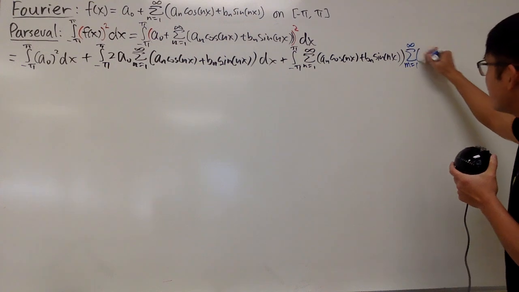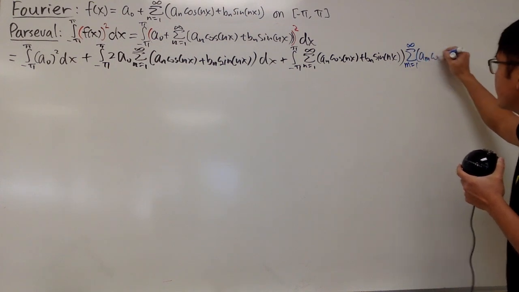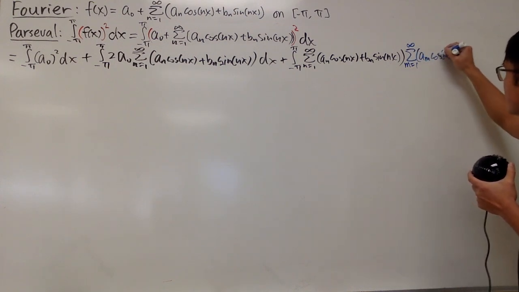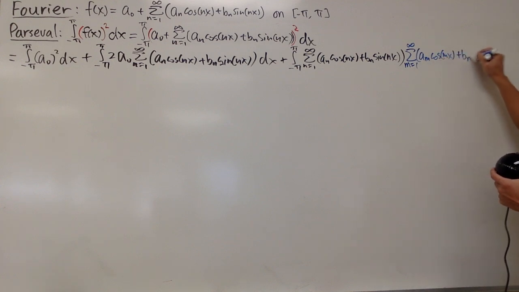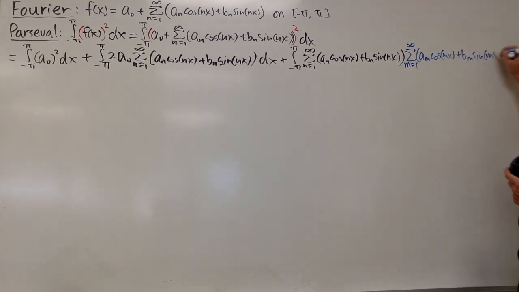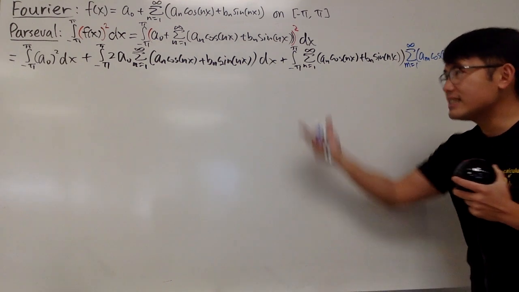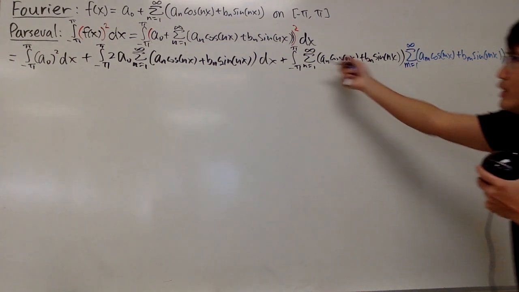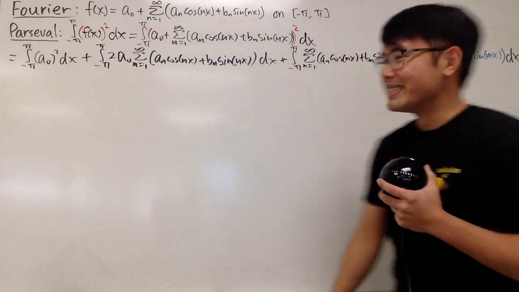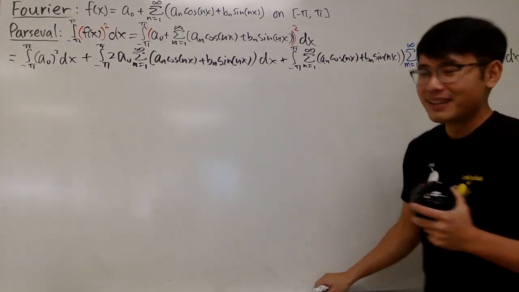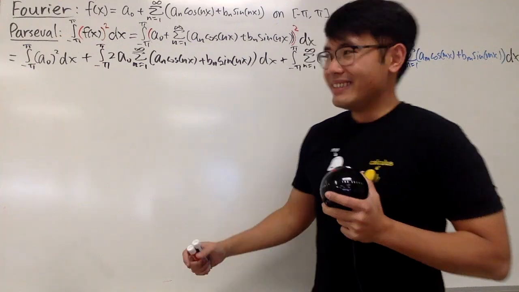So we will have am cosine mx, and then bm sine of mx. Close that, and don't forget, this is still in that integral, so we still have to have the dx all the way at the end.